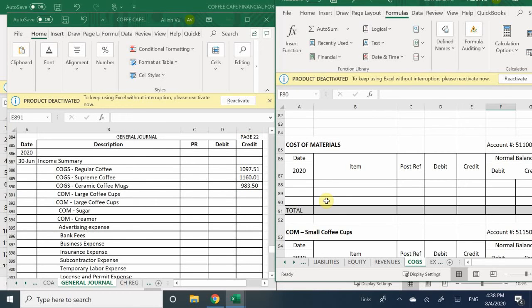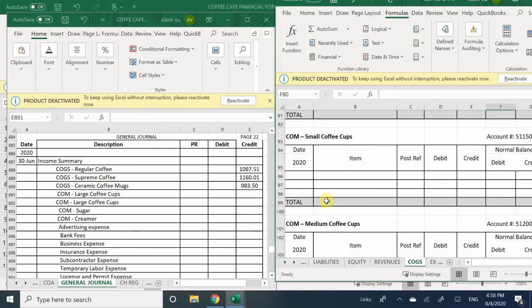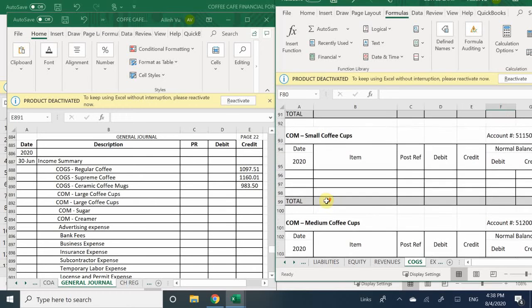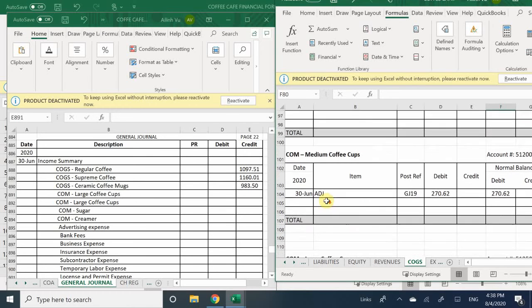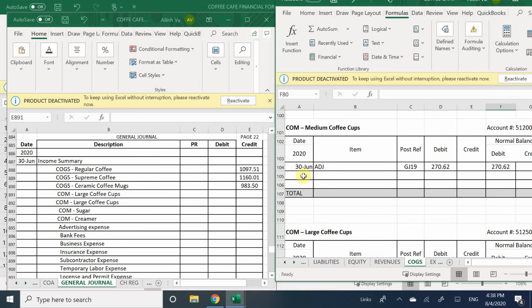Now the next thing we're going to do is close out our cost of material. So cost of material, I guess I never, okay, well, we don't have small coffee cups, so that was my mistake. So here we're going to close out this adjustment as well. So general journal 22.